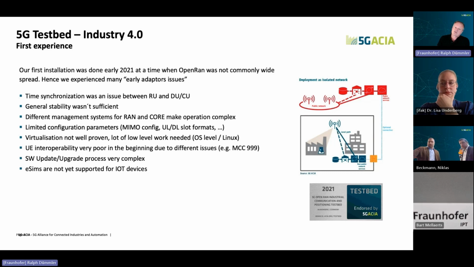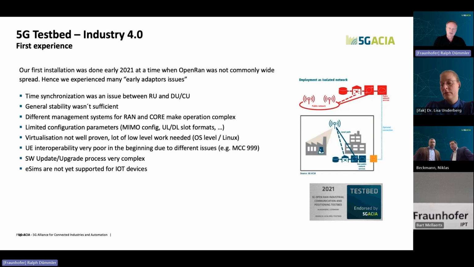Then, as you have a RAN from one vendor and a core from another vendor, you have two different management systems, which makes it again quite complex because you have to handle two times the complete system setup. And for your KPI analysis, for example, you also have to gather data from two different systems with different formats. So it's simply not really convenient.